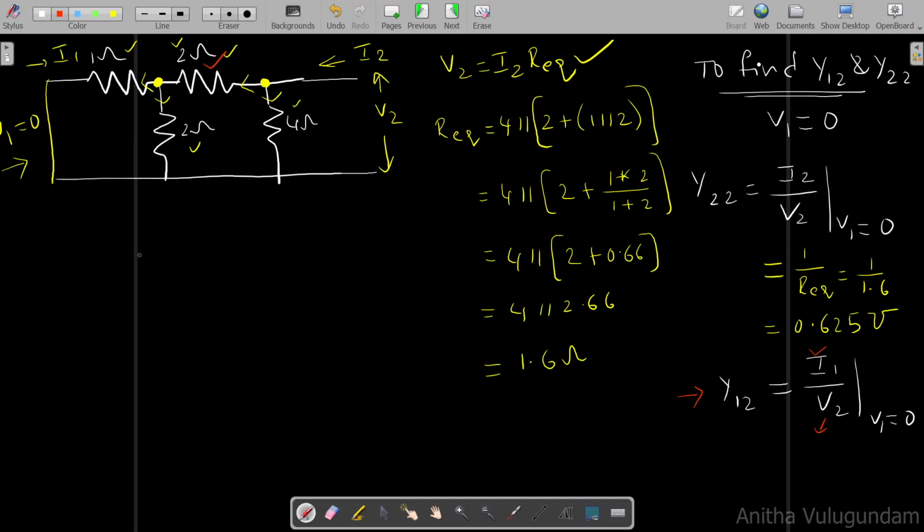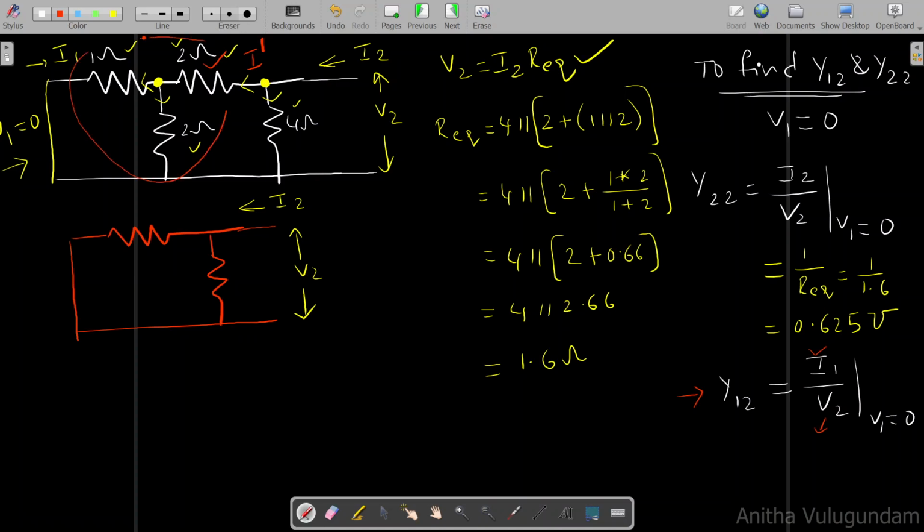So I just want to redraw the circuit like this. This is I2 and V2. I am assuming that current entering here is I dash and here some other current, because here we have a node point where current gets divided. I would like to replace this whole thing like this.